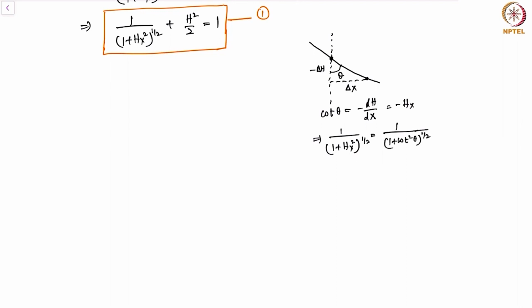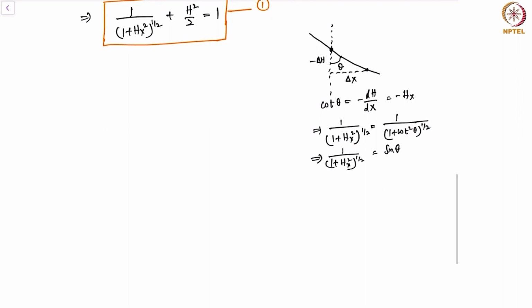In the denominator we have a cosecant square theta, the square root of that, which is 1 by sine theta, 1 by cosecant theta, and this becomes sine theta. So what we have now is 1 by (1 plus h_x square) whole power half is sine theta, right?